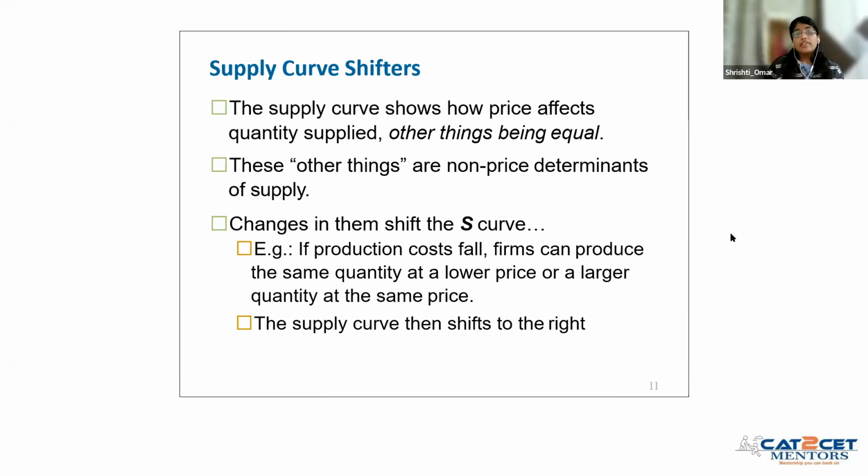So what are the other factors that can affect supply? Okay, guys, take a guess. Factors other than price that can affect supply. Government policy, production cost, yes. Cost of raw materials, right. Demand, okay, yes.